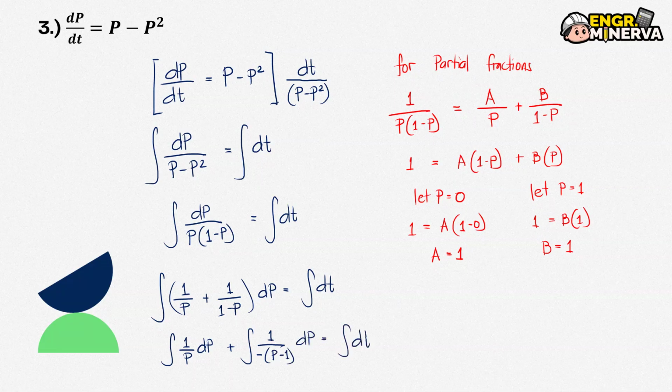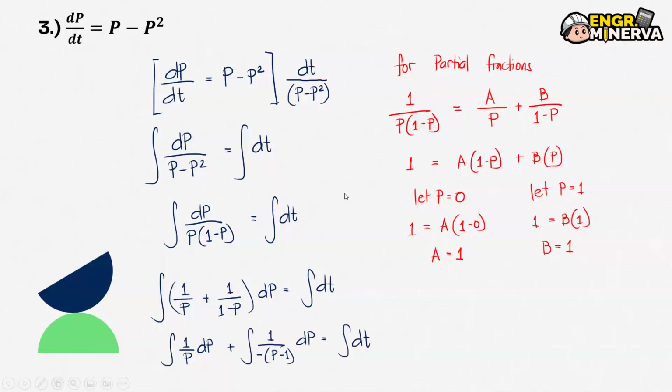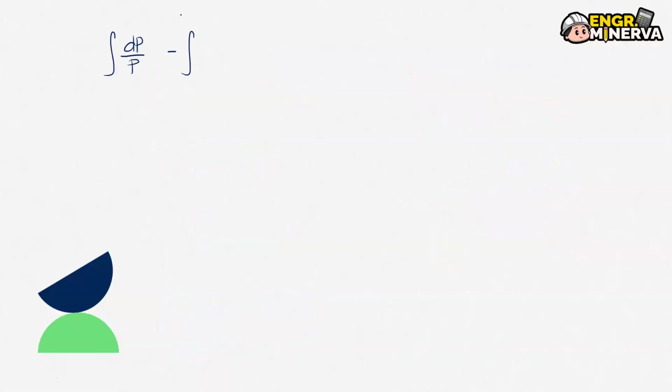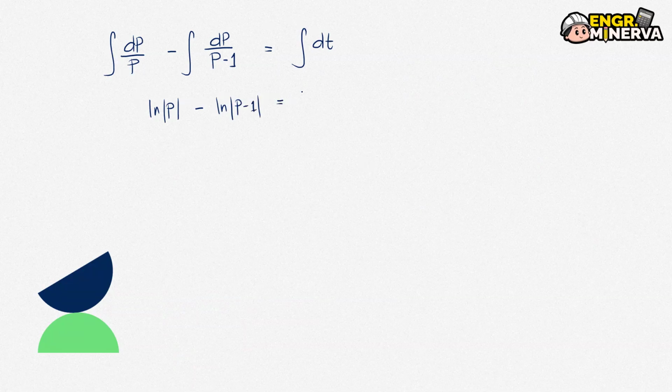Then that would be integral of dp over p minus integral of dp over p minus 1 equals integral of dt. That would be ln of p minus ln of p minus 1 equals t plus c.